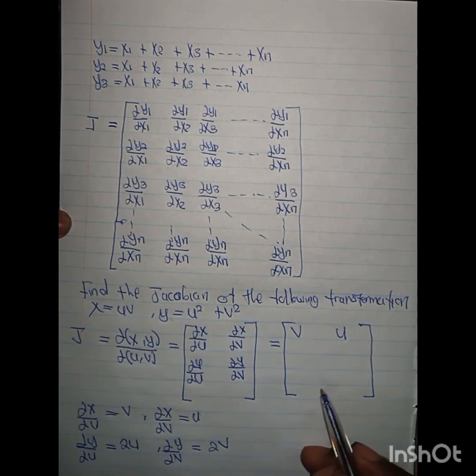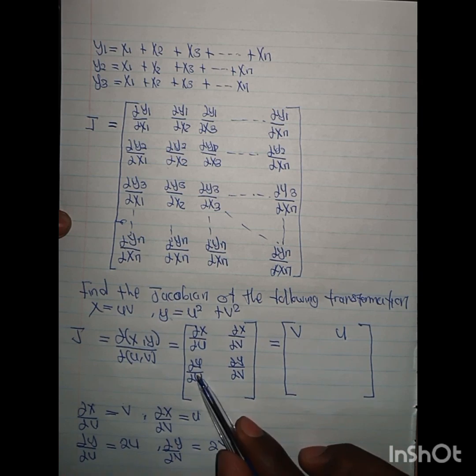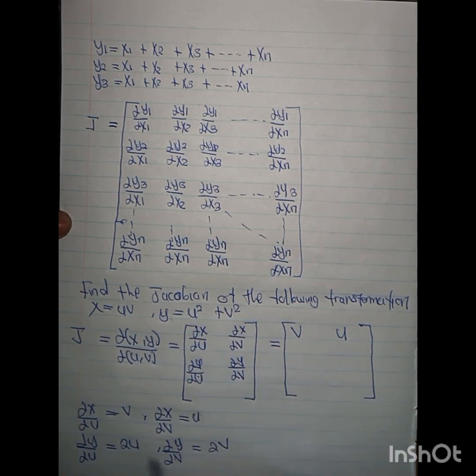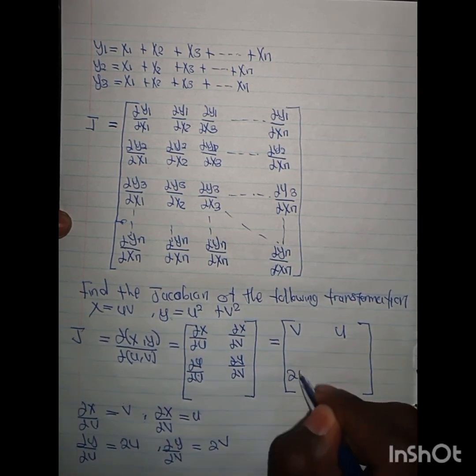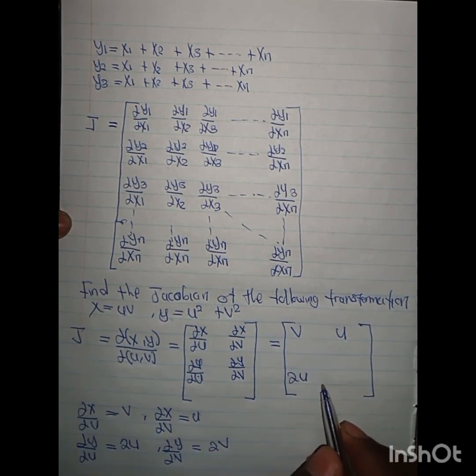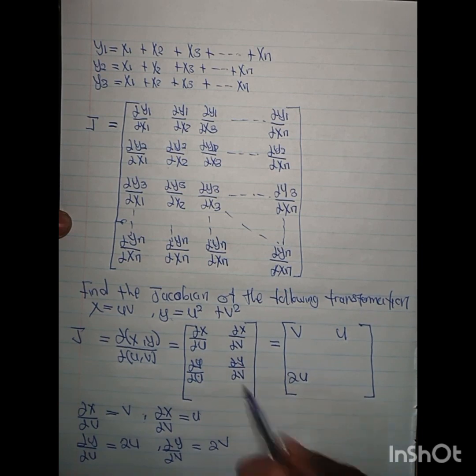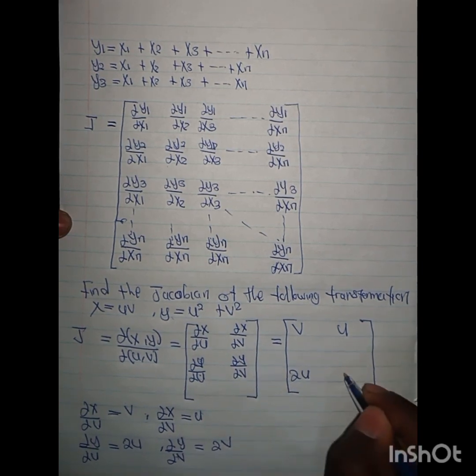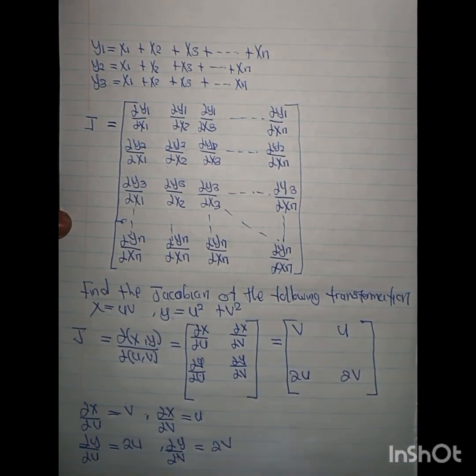Now when we look at dy/du, we have dy/du is 2u like this. And then our last entry, dy/dv, is 2v. So this is our Jacobian matrix.